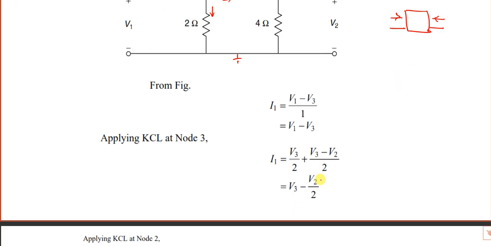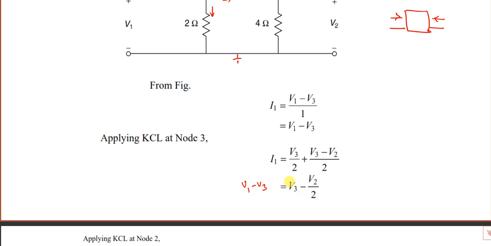And you can simplify this. V3 by 2 plus V3 by 2 is equal to V3, because half V3 plus half V3 is V3, and minus half V2. That is the value of I1. Again, you can substitute here the I1 value, V1 minus V3, and get an expression for V3.